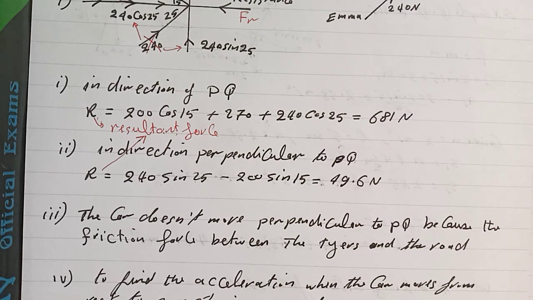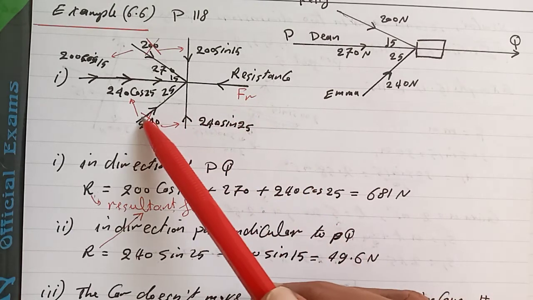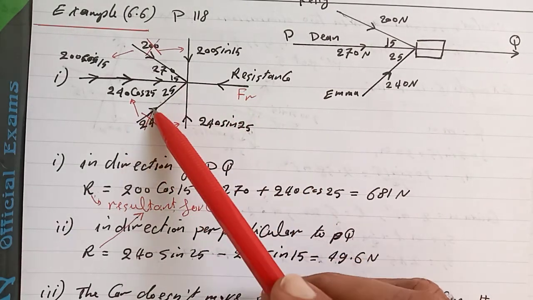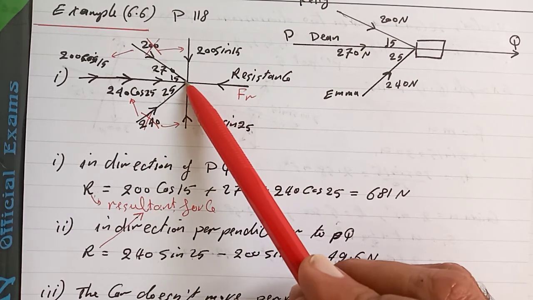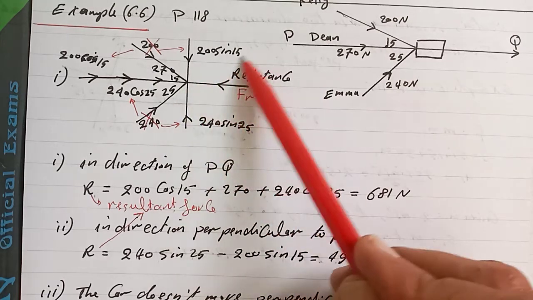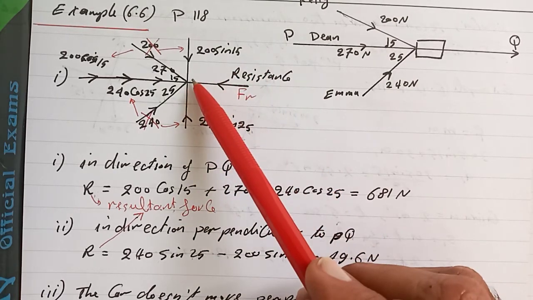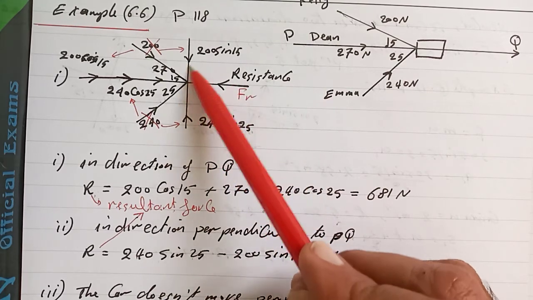explain briefly why the car does not move in the direction perpendicular to PQ. Why should it move in this direction? Because this force is higher than this force. So supposedly the car will move in this direction. But the car already moves in the direction of PQ. Why is it not moving in this direction?